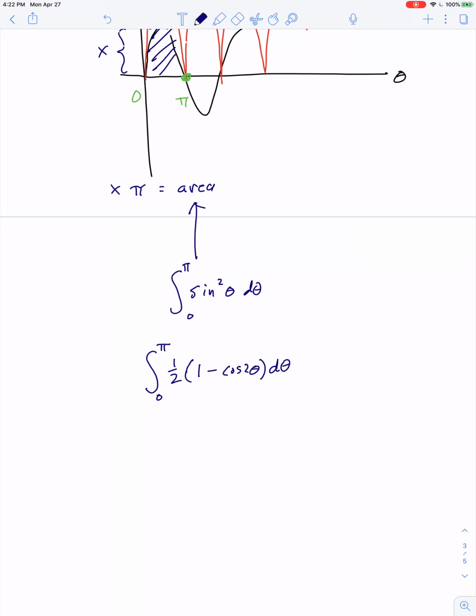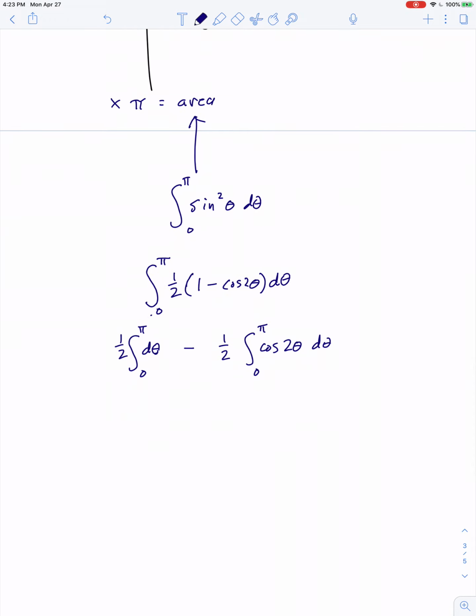Okay, so this becomes the integral of 1/2 d theta from 0 to pi minus 1/2 the integral of cosine 2 theta d theta from 0 to pi. Well, this part's easy. This just gives us pi over 2. Then we get minus 1/2. Let's see.